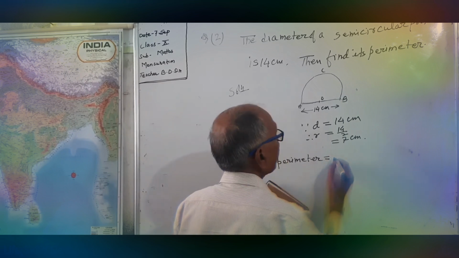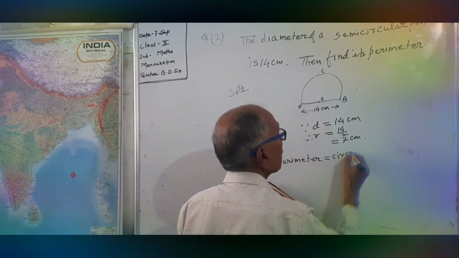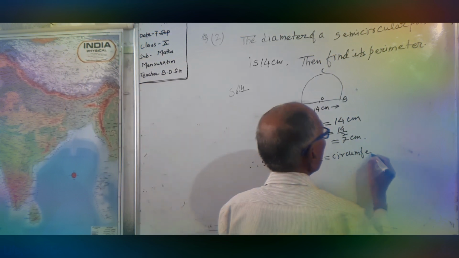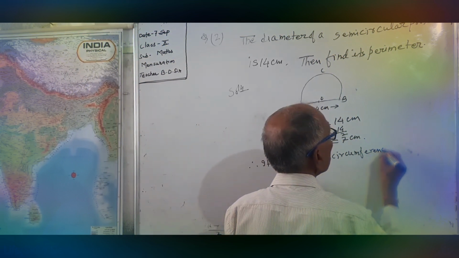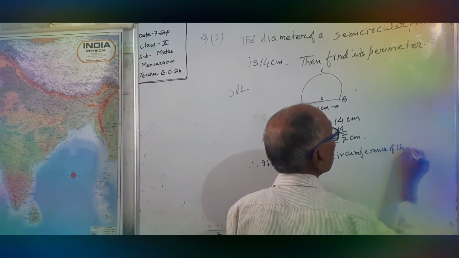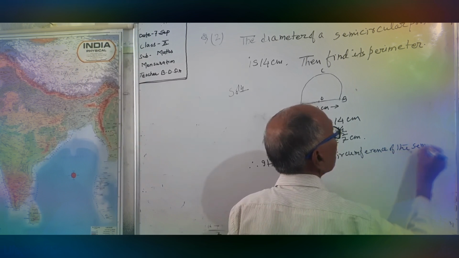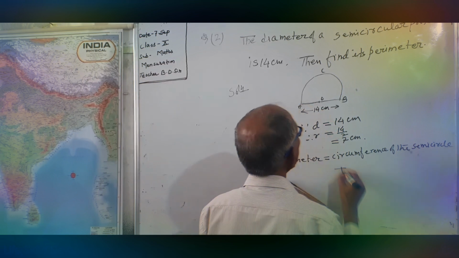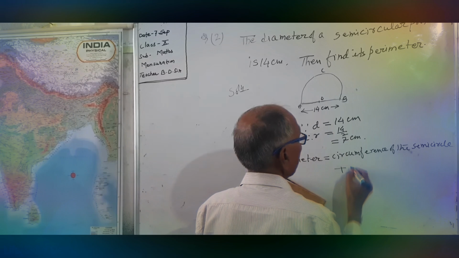Length means circumference. Circumference is length, you know. Plus diameter AB.